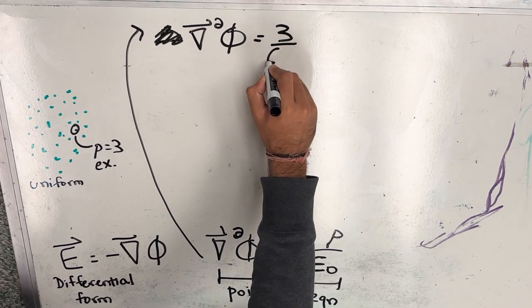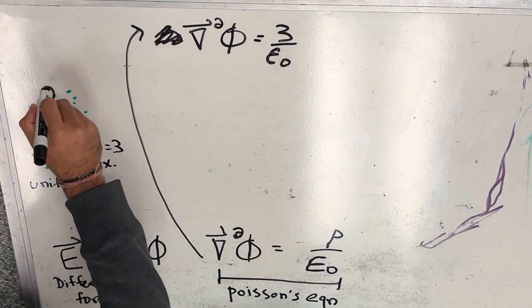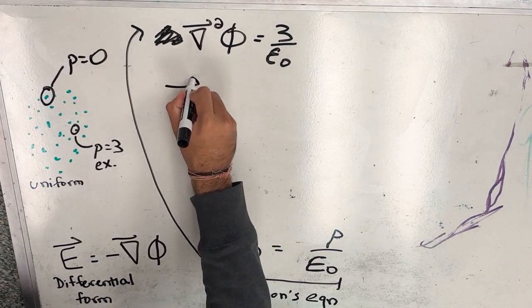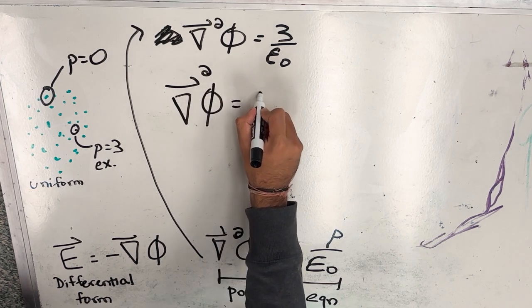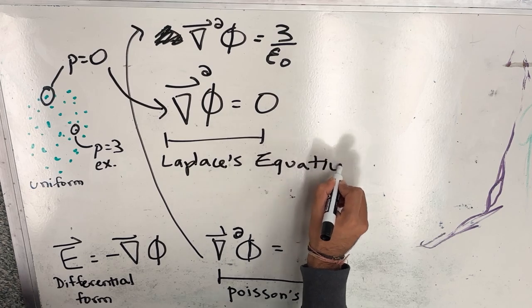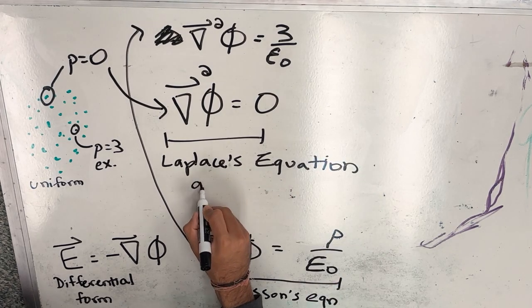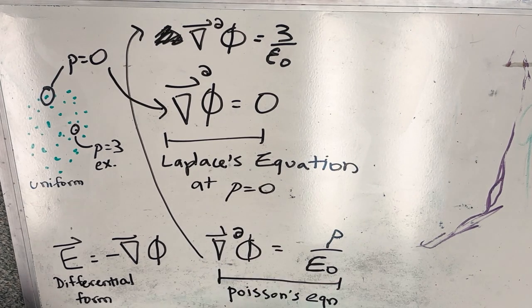I'm going to make the charge density arbitrarily equal to 3 for this example because at a certain position in that electric field, the charge density could be 3. Well, in order for Laplace's equation to be met, the charge density at a certain position must be 0. So Laplace's equation is met when the charge density at a certain position is 0.